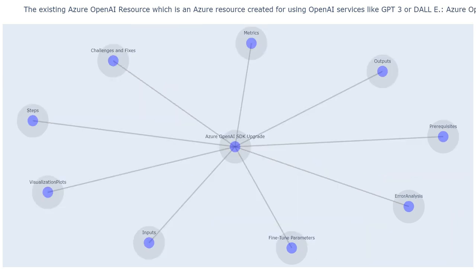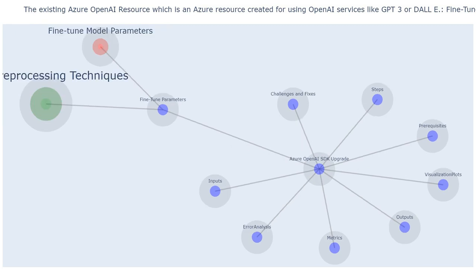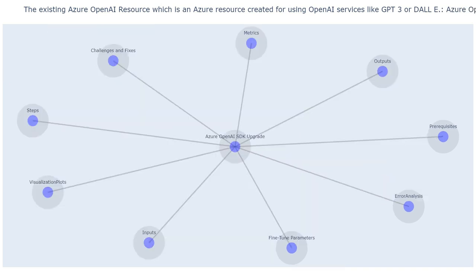Fine-tune parameters. Fine-tune model parameters that allow users to adjust the training process of the OpenAI model to improve its performance on specific tasks. Data preprocessing techniques that involve cleaning, formatting, and transforming the training data to optimize the model's performance. Metrics.